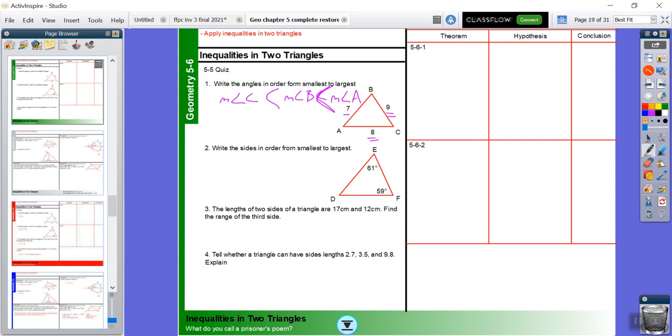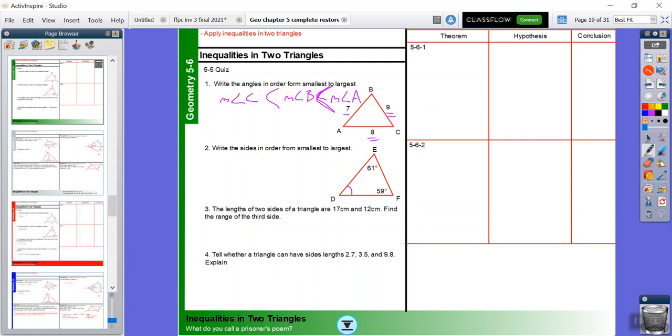Write the sides in order of smallest to greatest. Same basic idea. We have a missing angle right here. So I do 61 plus 59, and when I add those together, I get 120, right?